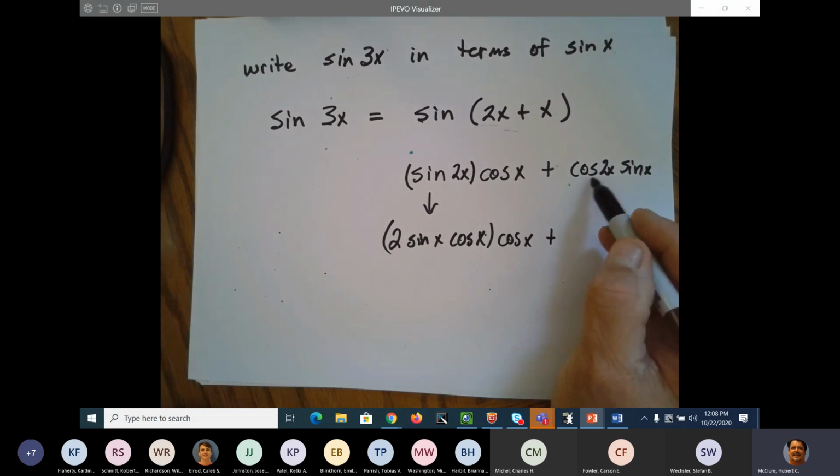You can rewrite this cosine 2x as, I like to use that Pythagorean identity looking one, cosine squared minus sine squared.